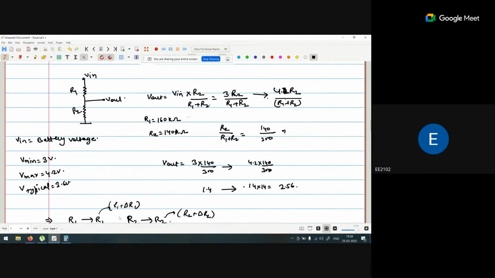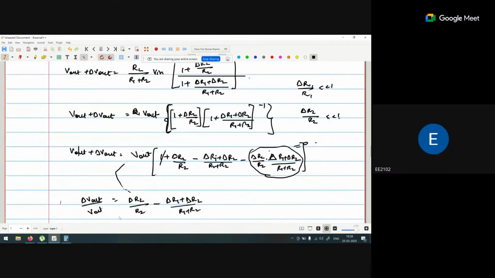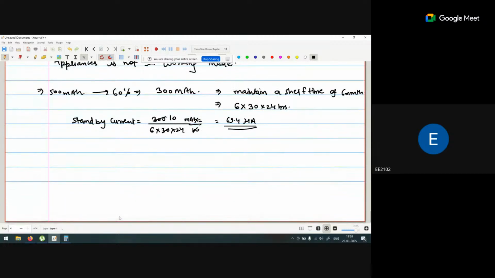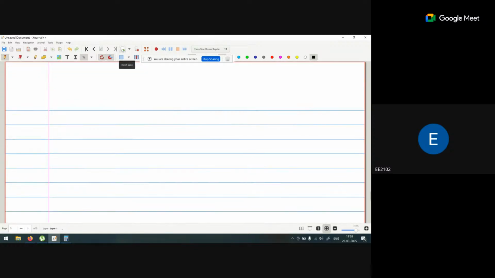For the load current, we will draw a circuit using one particular resistor, the load impedance ZL, with VL, and calculate the current.